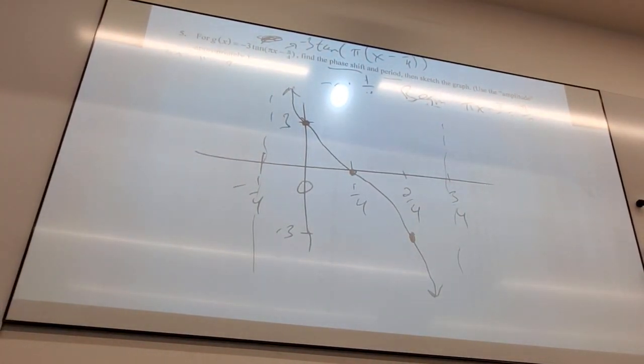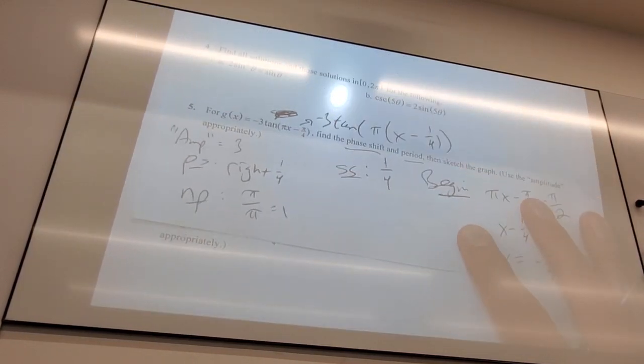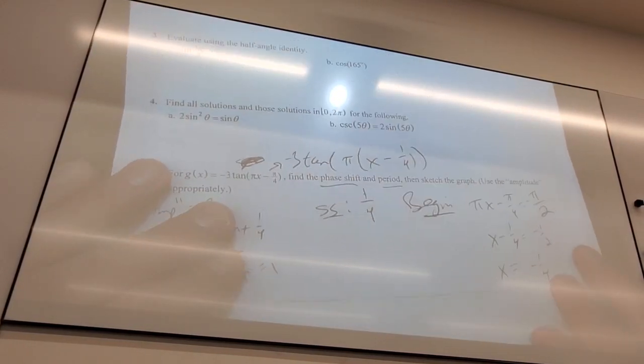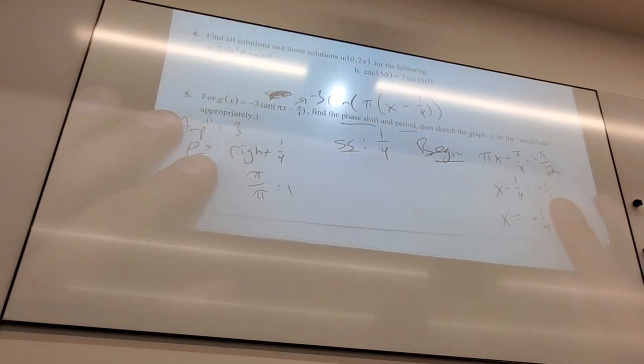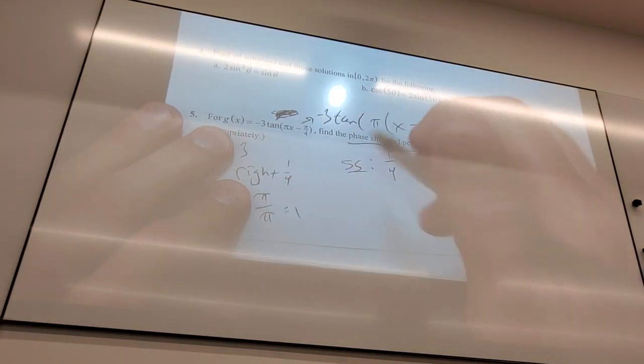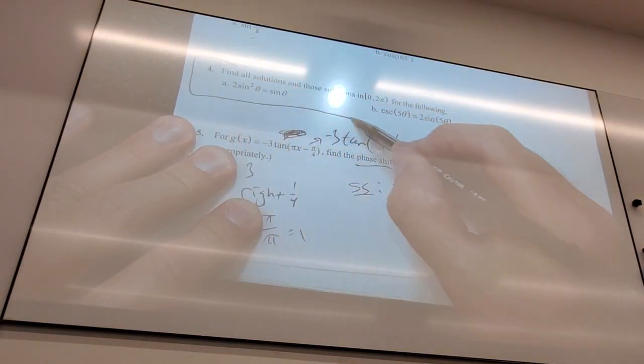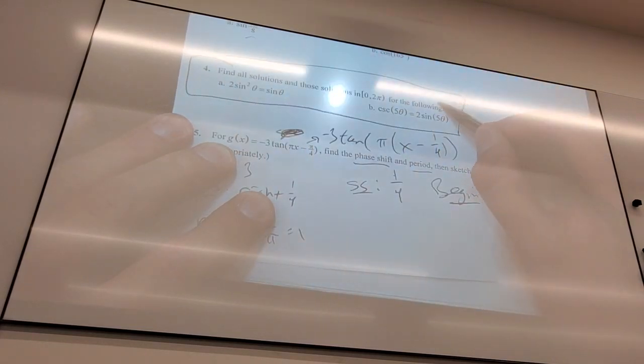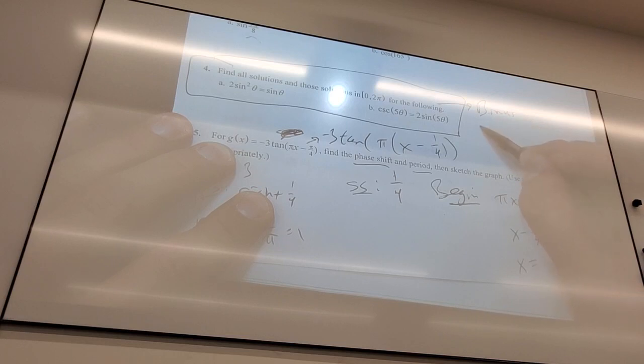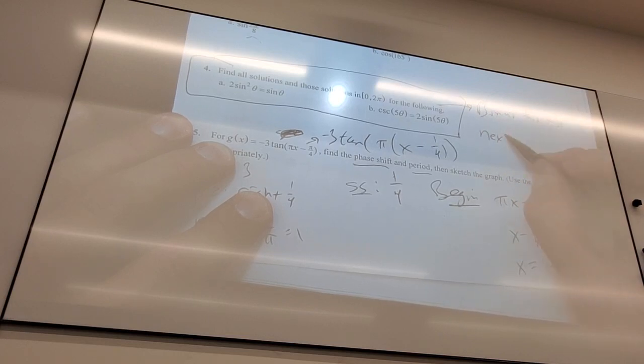Number 4? Okay. Oh yeah, I'm sorry. So remember, there will be a bonus on this one, and then there'll be a problem on the next test. That's from section 9.5.